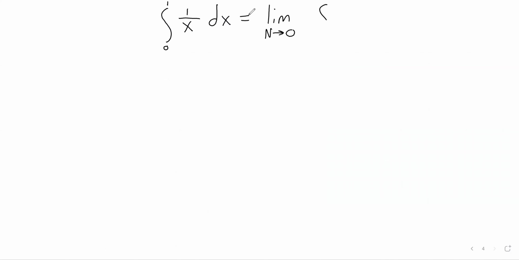We're replacing this zero with some number, and we're making that number closer and closer to zero. So we're doing this. And now we'll ignore the limit until the very end.